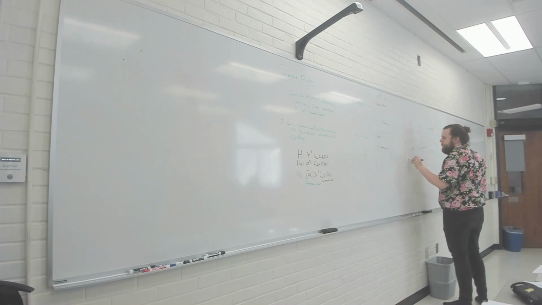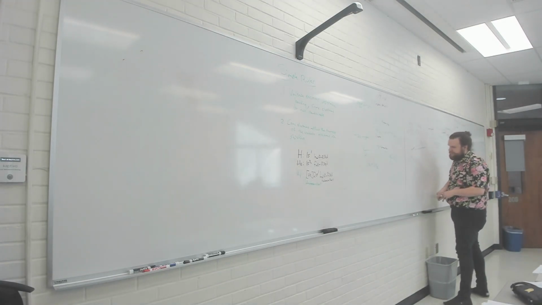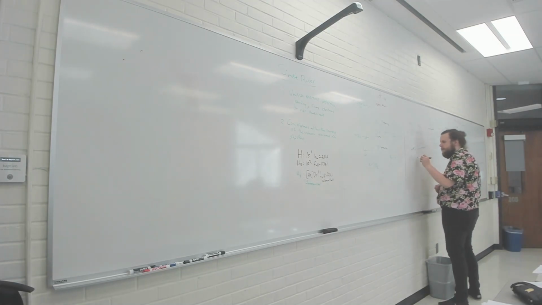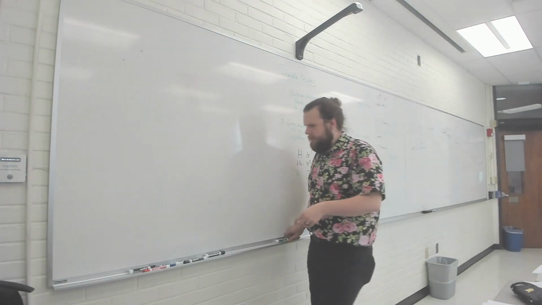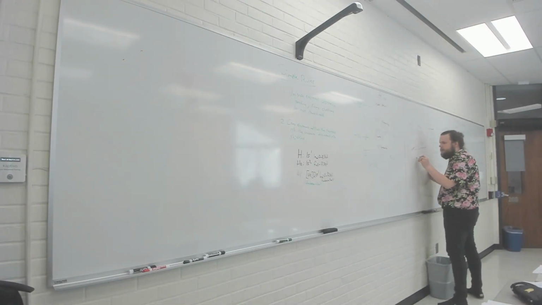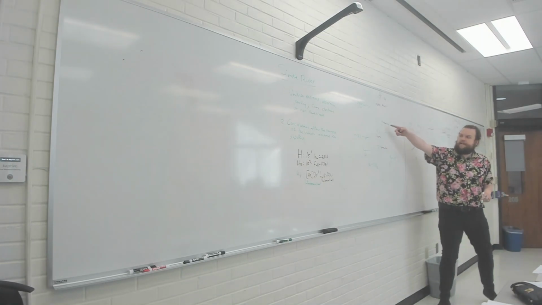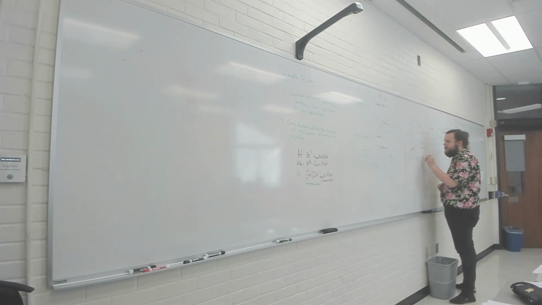So the antibonding orbital for this combination looks a bit like, let's see if I can draw it. So here's my hydrogen, here's my nitrogen. Let me get a different color. There's a very small lobe on the hydrogen, right? Because this is nitrogen-like. Let me think about this for a second.